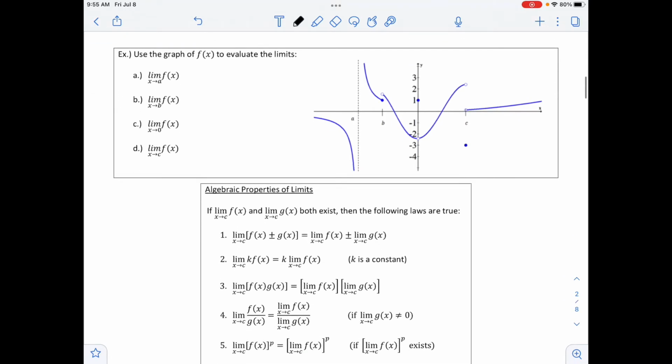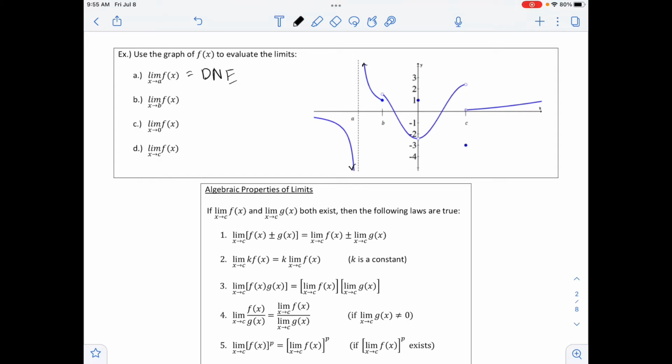So the next example says use the graph of f of x to evaluate the limits. The first one that we have is the limit as x approaches a of f of x. For this, we would say this one does not exist because you can see that going to a from the left is approaching negative infinity, and a from the right is approaching positive infinity. And so we would put down does not exist.